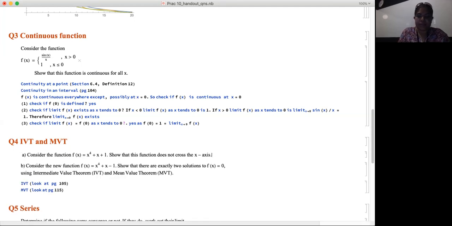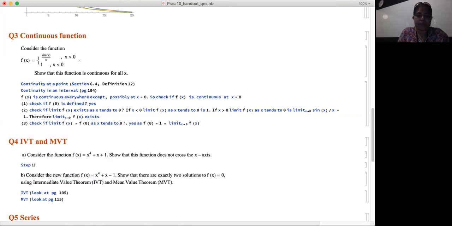So maybe you can do this. Step 1: solve for x in f dash x equals 0. Then how many solutions does it have?